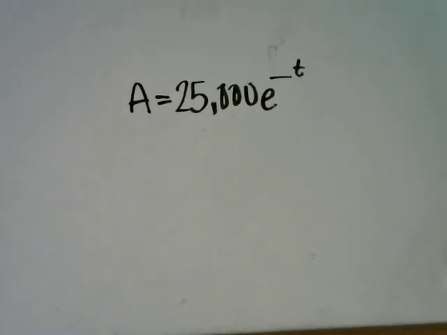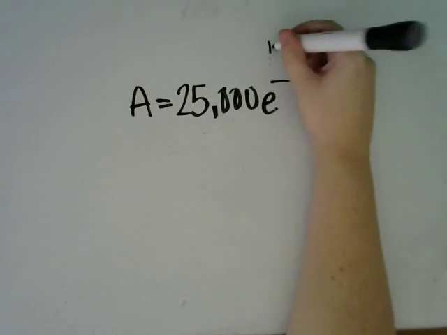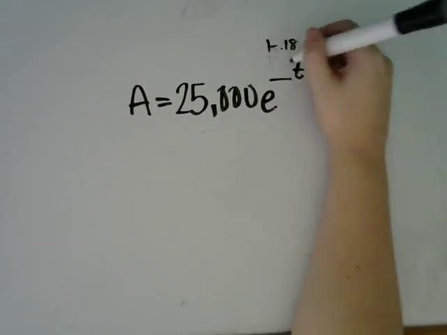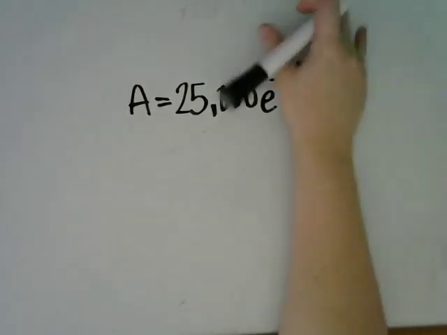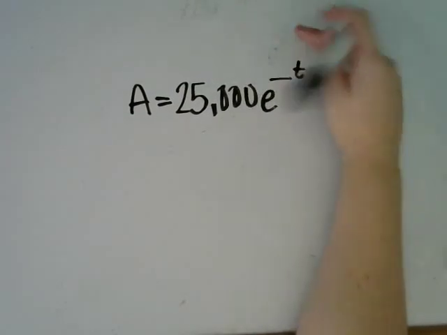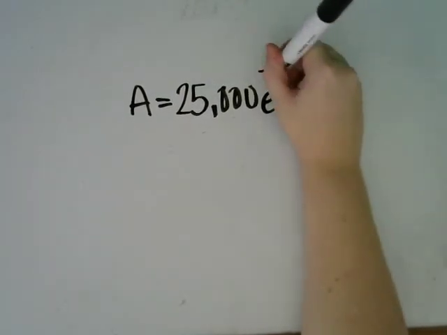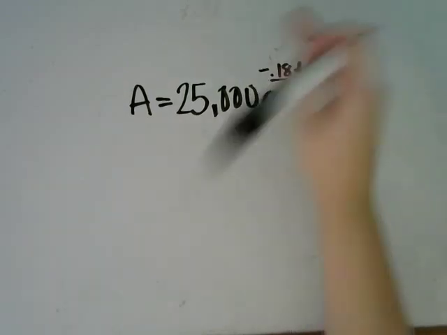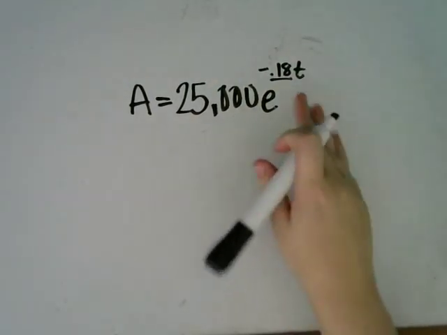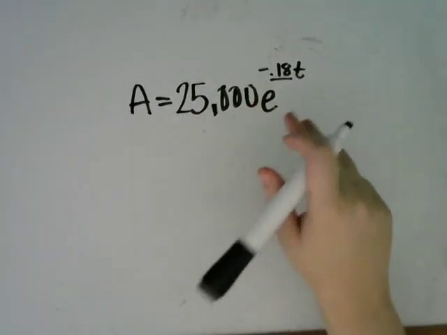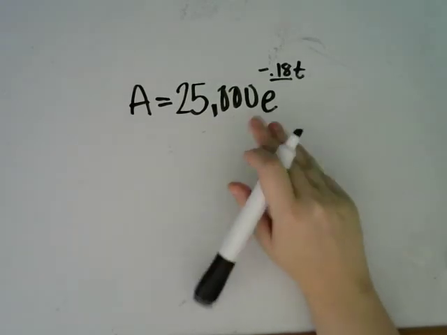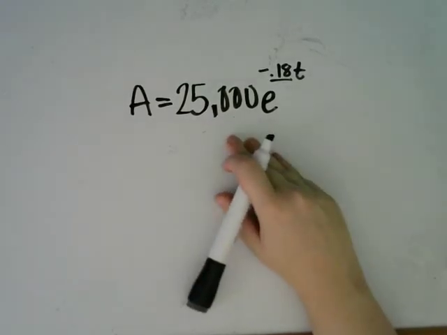When we previously wrote this equation, the what was 1 minus 0.18 or 0.82. But now that we're using a continuous model, the what is negative 0.18, because in a continuous model, negative rate indicates decay.